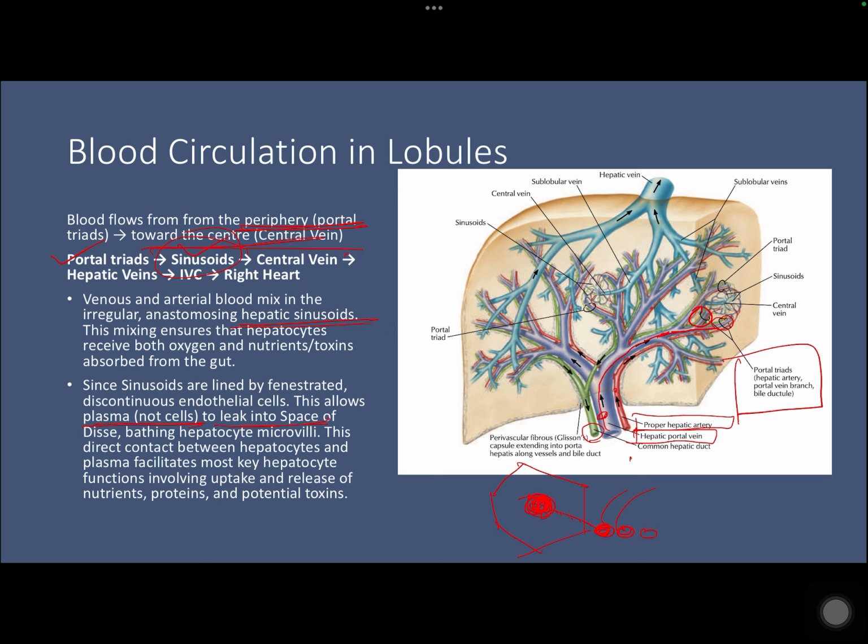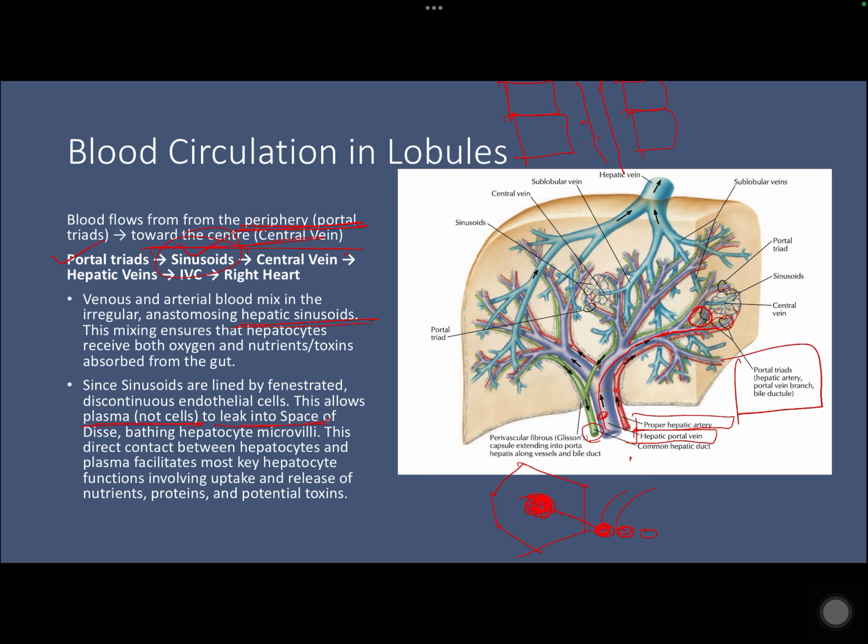As I already mentioned, if this is a hepatocyte, and this is another hepatocyte, the space between two hepatocyte plates is what we call the sinusoid. The space present between the sinusoid and the hepatocyte is known as the space of Disse.